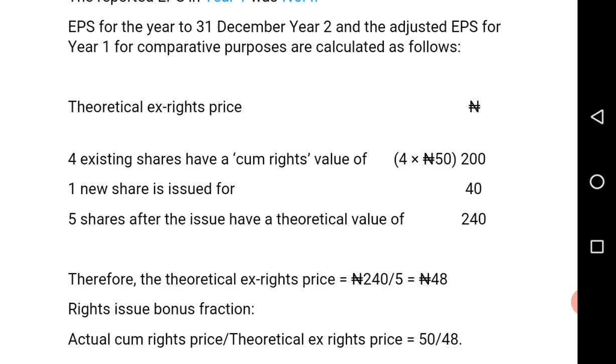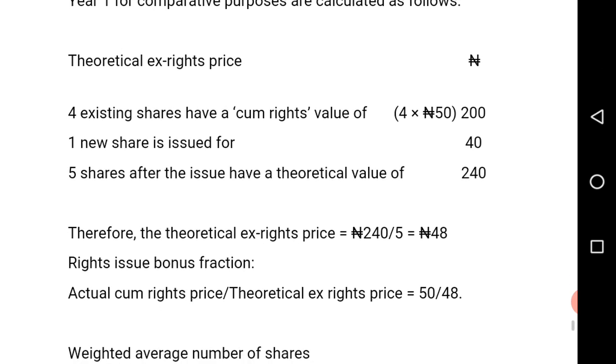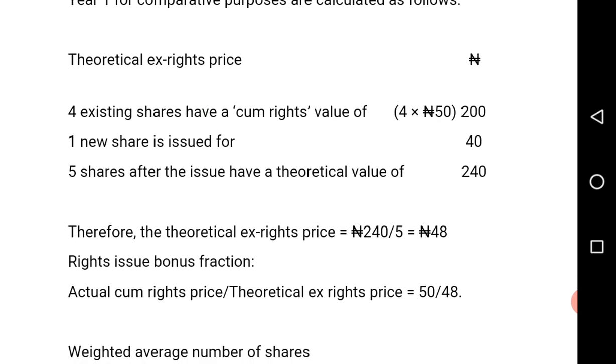So total 5 shares, 4 plus 1, for 240. So we buy 5 shares for 240 naira. So in actual sense, each share is 240 naira divided by 5, that's 48 naira per share. So this 48 naira is the theoretical ex-rights price, what each share is in theory.